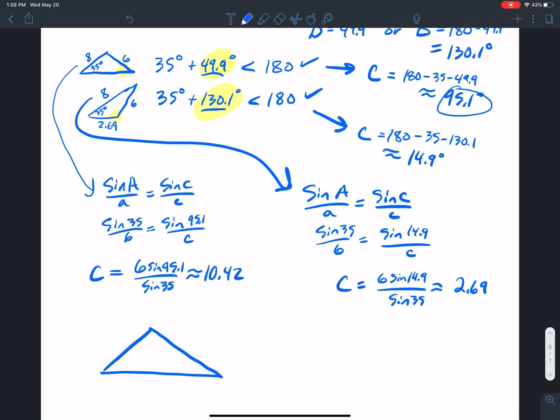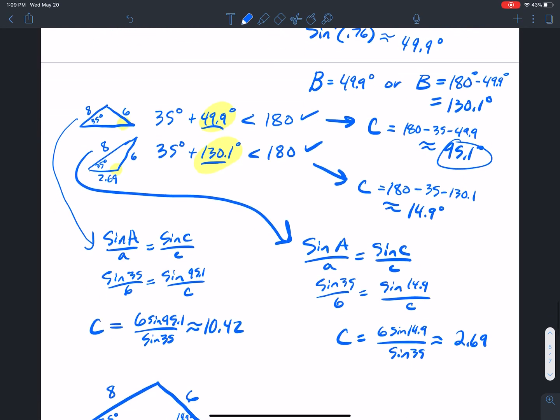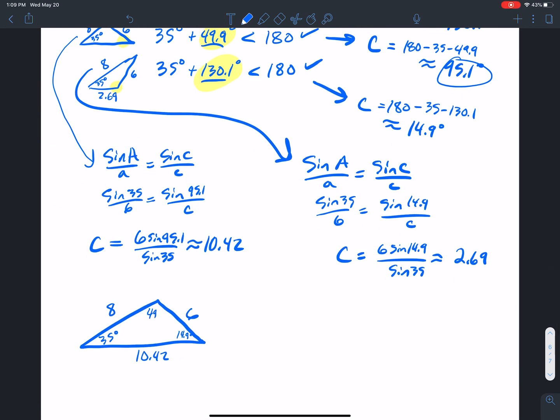you've got side 8, side 6, and then 10.42. And that's a 35 degree angle. You've also got that 14.9 degree angle, and the other one, 49.9 degrees.